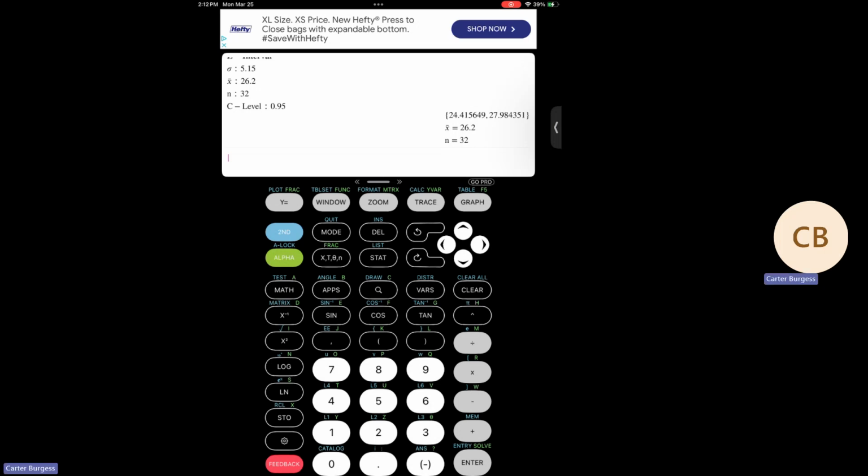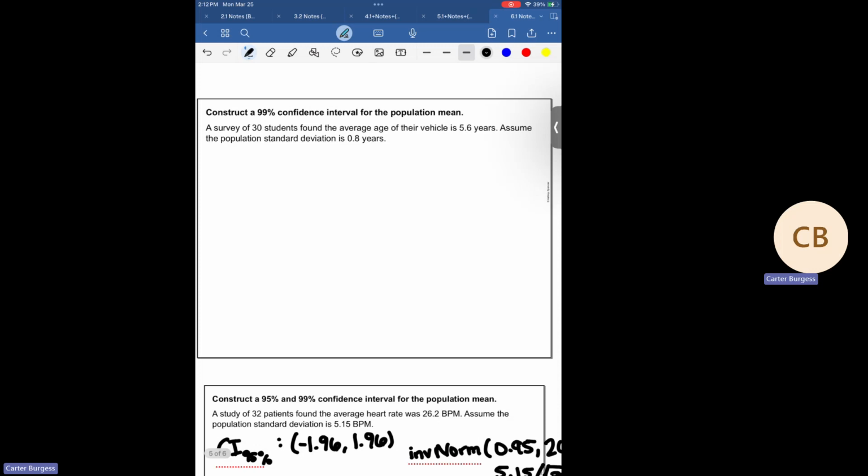All right, so in your calculators, let's take a stab at doing this one up here. 99% confidence interval for the data that is given. And this time, instead of doing it by hand, try it in your calculator.